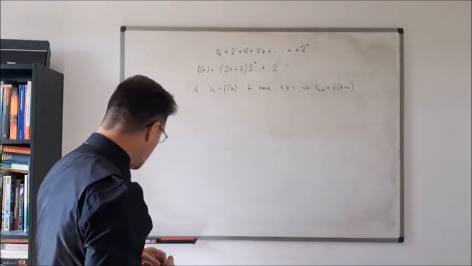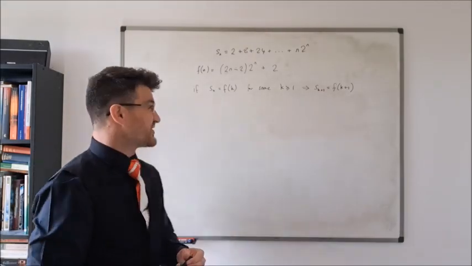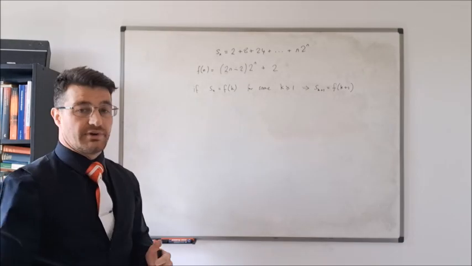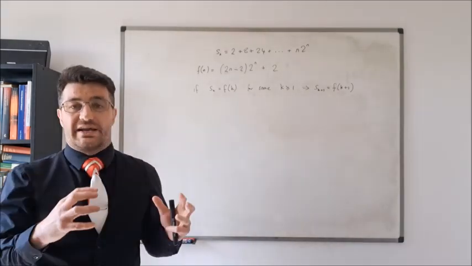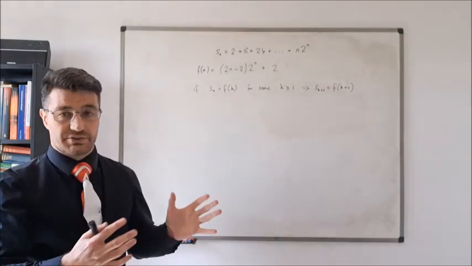Those of you that are familiar with proof by induction will see this is effectively a proof by induction that we're going for here, although the term proof by induction is not actually used here.